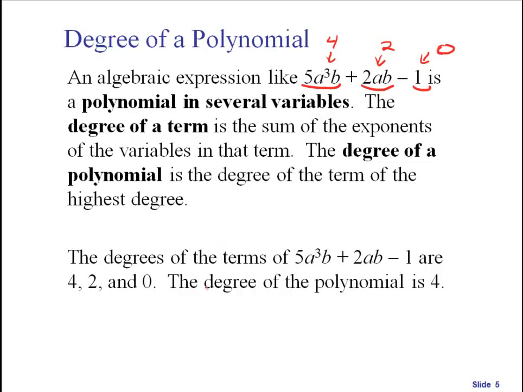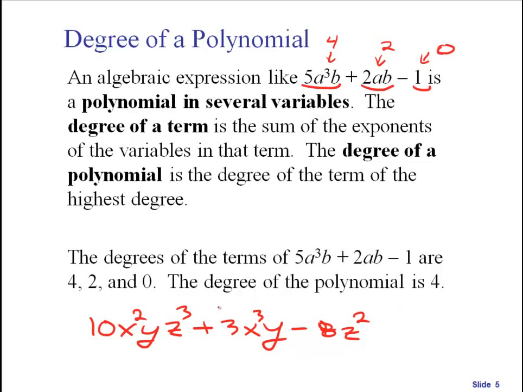So if I gave you something like this, 10x squared y z cubed plus 3x cubed y minus, let's make it an 8 since it looks horrible, 8z squared, right?